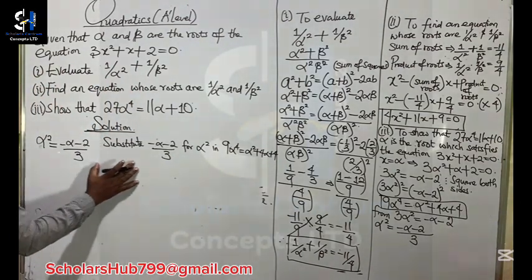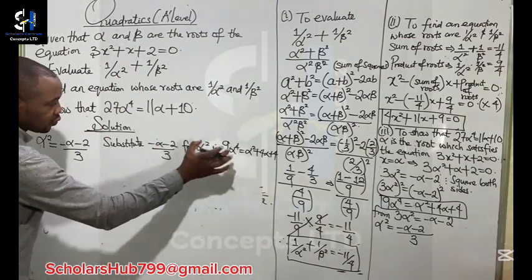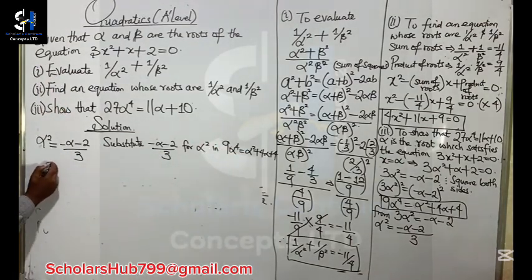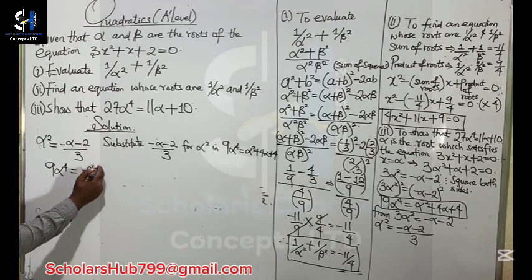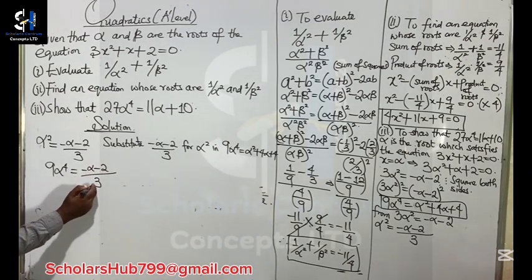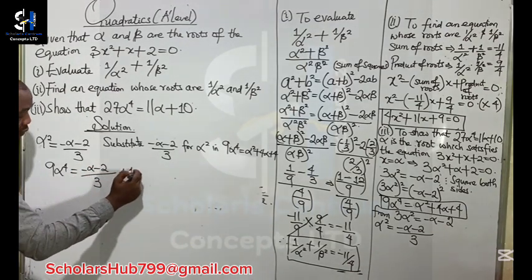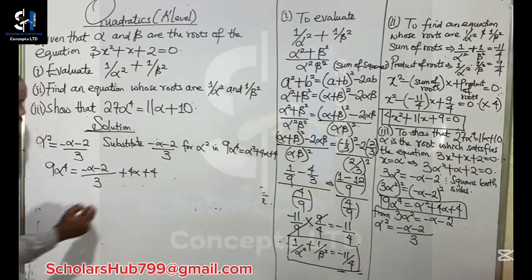So we have 9 alpha raised to the power of 4 equals negative alpha minus 2 over 3, then plus 4 alpha, then plus 4.